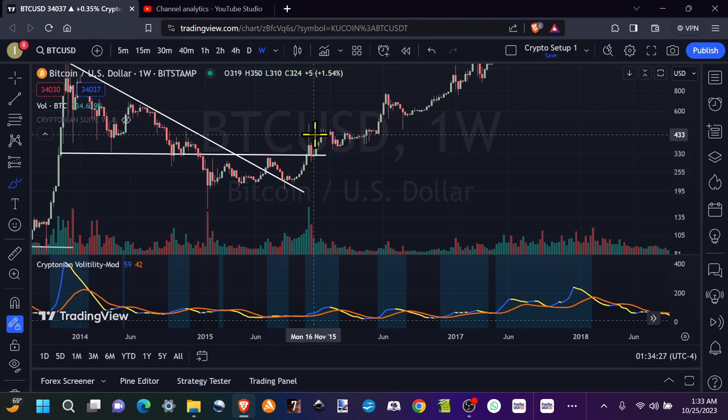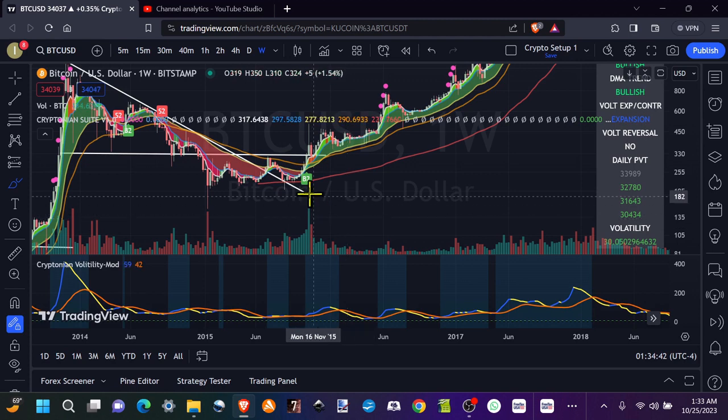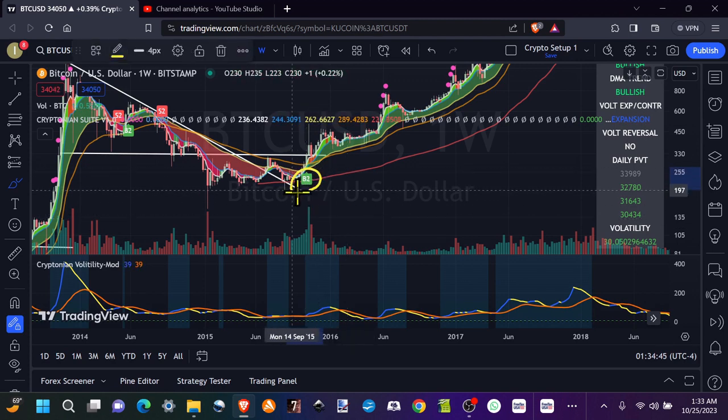Now there is another additional signal that I'd like to show you, and that is the signal that I have on my Cryptonian suite, the tool that I created. This also gives a signal, and that signal is a little bit earlier actually, and it's called a B2 signal.